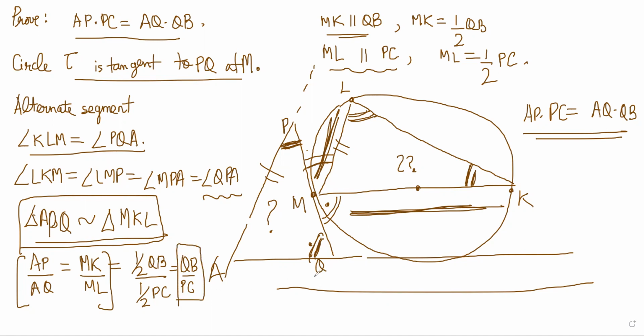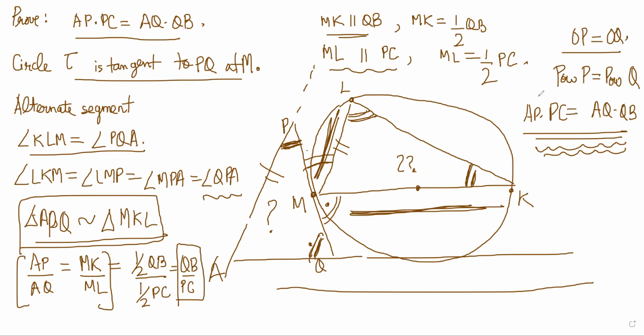So now we got AP into PC is equal to AQ into QB. Which means that power of point P is equal to power of point Q, which means that OP is equal to OQ.